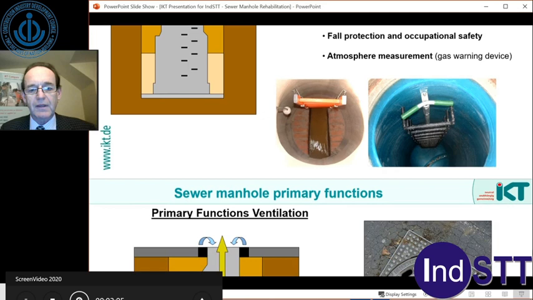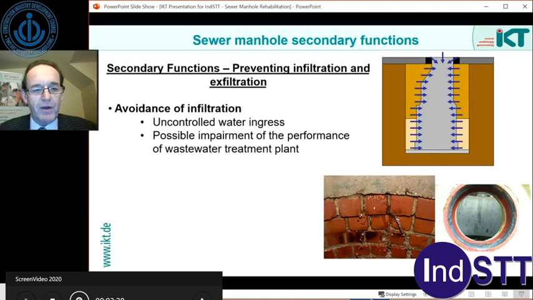There are a number of secondary functions. Of course, as a shaft, as a structure which is part of the sewer network, a manhole should not allow infiltration. If you get uncontrolled water ingress, this can often result, for example, in the overloading of sewage treatment works, where too much volume of water is being received by them during periods when the groundwater table is high.